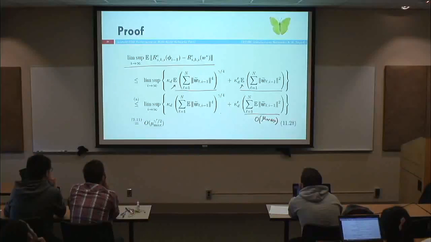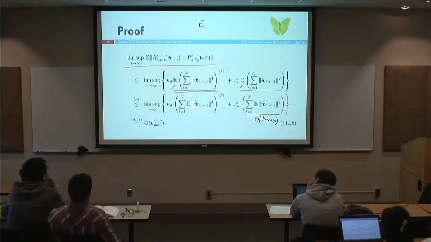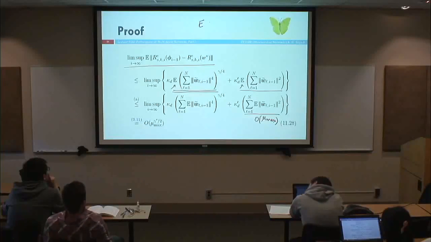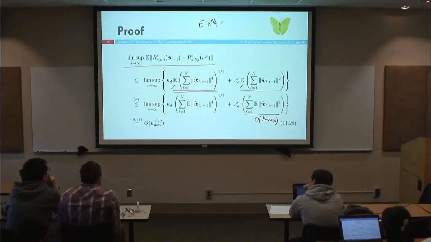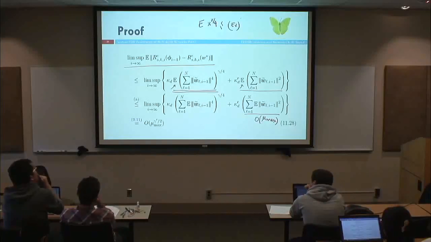And here, you see, I'm applying Jensen's inequality to this function, because here you have the expected value of something like X to the gamma over 4. And I'm saying this is upper bounded by the expected value of X, to the gamma over 4.